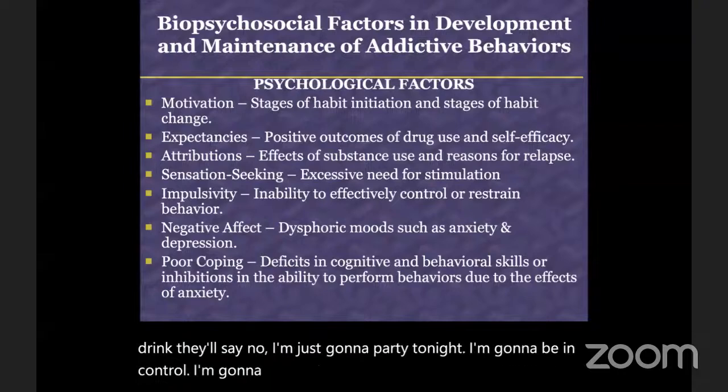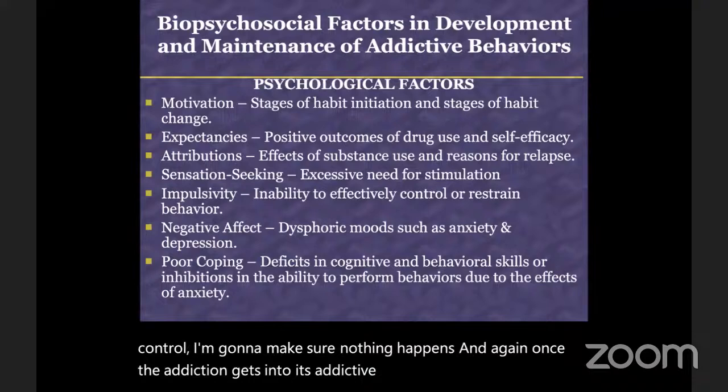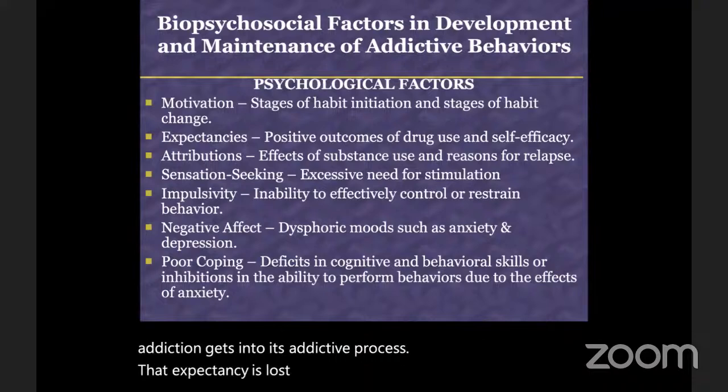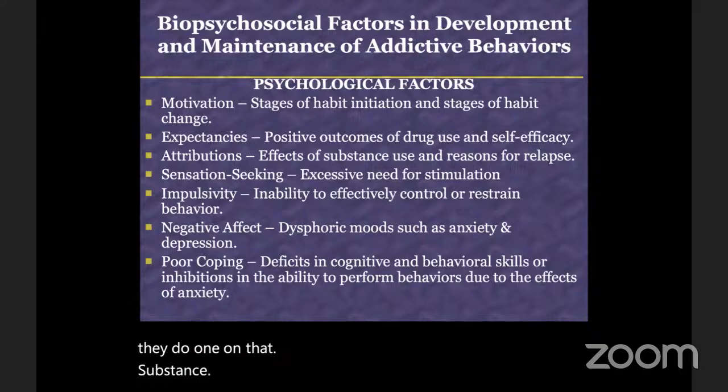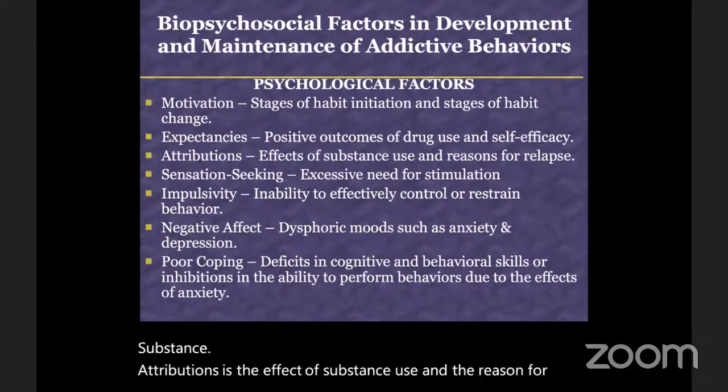I'm going to make sure nothing happens. And again, once the addiction gets into its addictive process, that expectancy is lost, and the person tends to act the way that they do when on that substance.